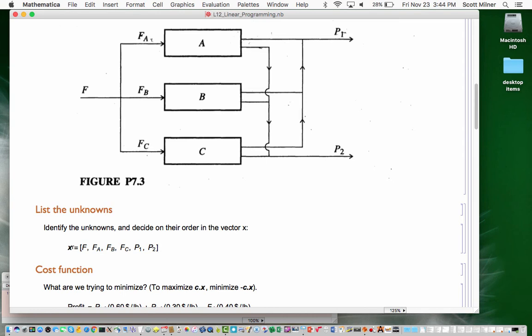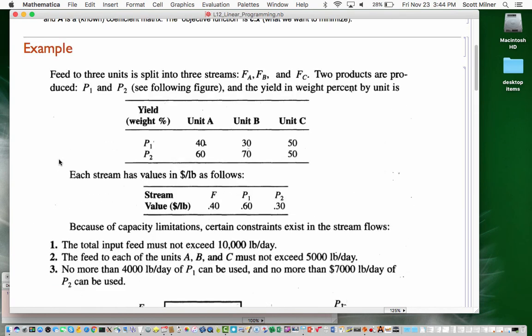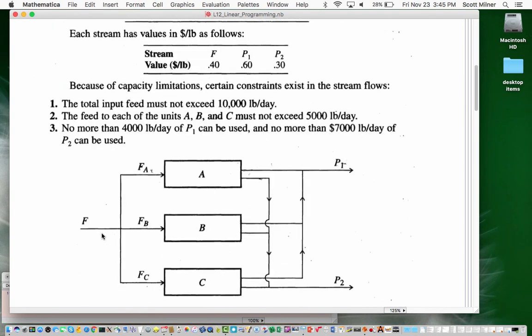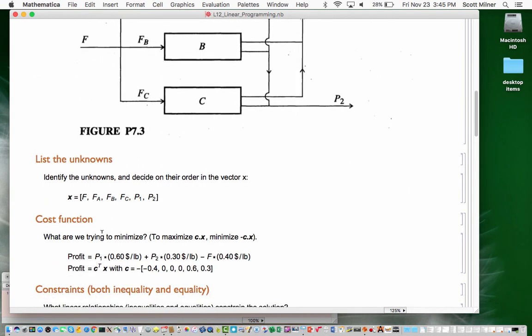So what are we trying to optimize? Well, the profitability of the plant is what we're trying to maximize. The linear programming problem canonically is written as minimizing something. So if you want to maximize the profit, what you want to do is minimize the negative of the profit. So we write the profit then as being the value of the product minus the cost of the feed.